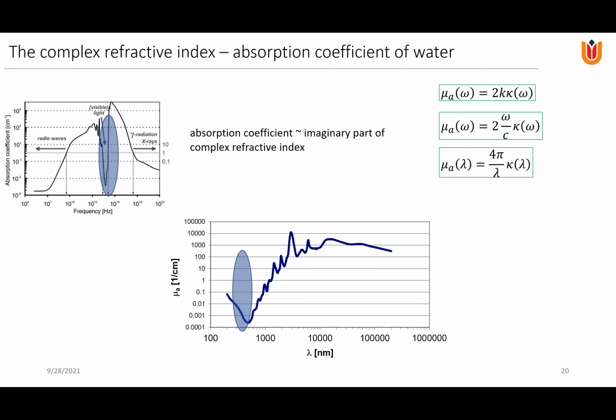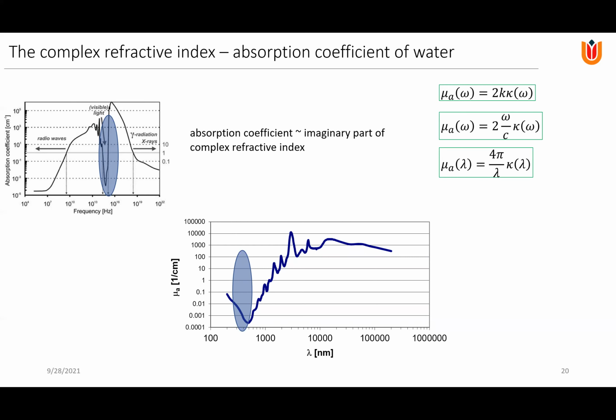So now let's look at water, again one of the most, or maybe the most, important absorbing components in tissue. So we can write down these three equations for the absorption coefficient of water.